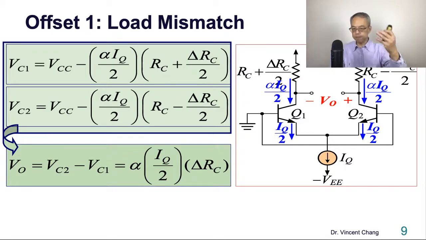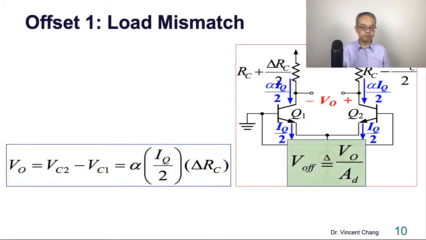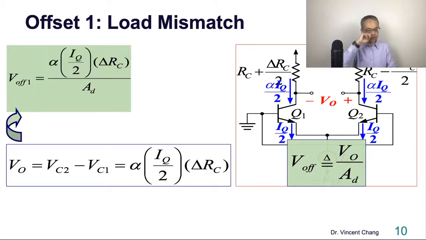As you learned from the concept video, the third step is the differential gain. So you have to call back the small signal analysis of the differential gain. The numerator is the DC output offset voltage, and the denominator is the differential gain.